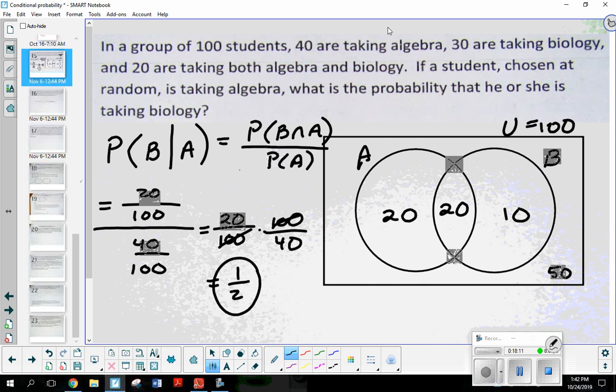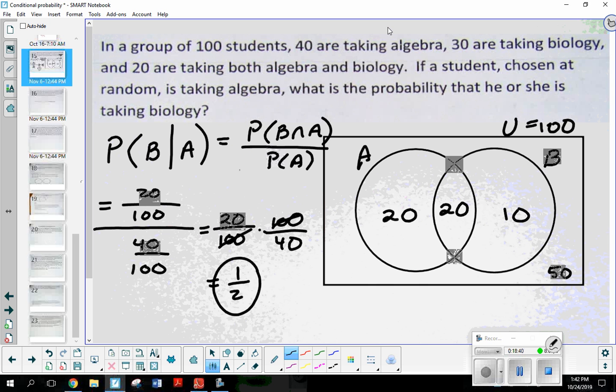So think about this in those terms: the probability that a student is taking biology, knowing that a student is taking algebra. Well, there's 20 out of the 40. So that's exactly what we got when we set up the formula. The sample space got reduced from the 100 originally to the 40 because we were dividing by the probability of algebra. Okay. Questions?